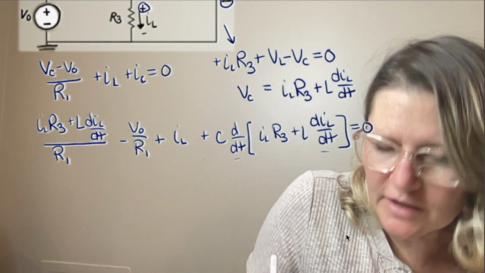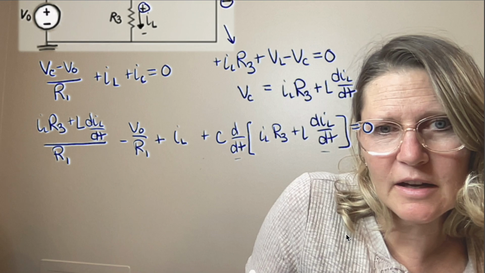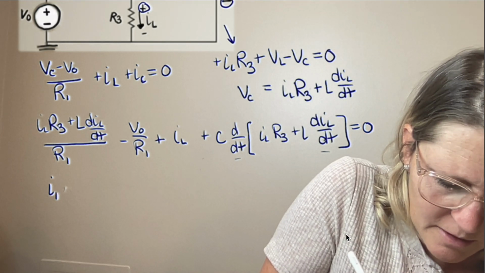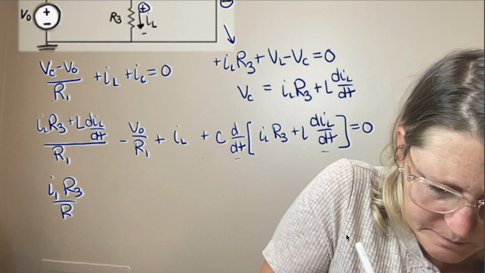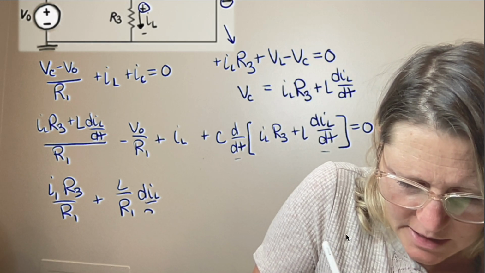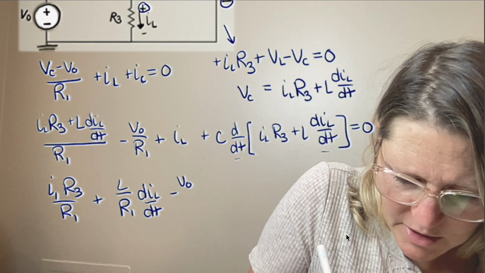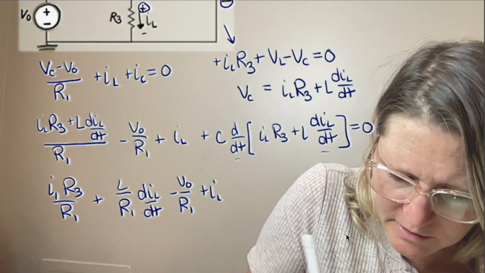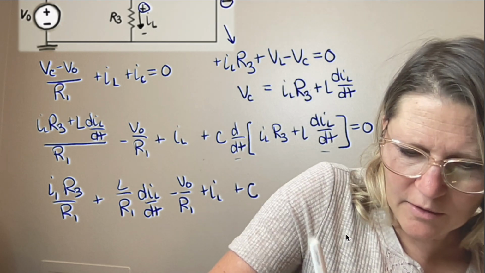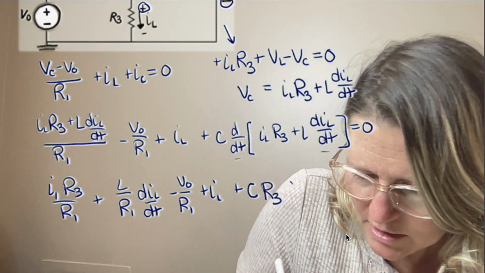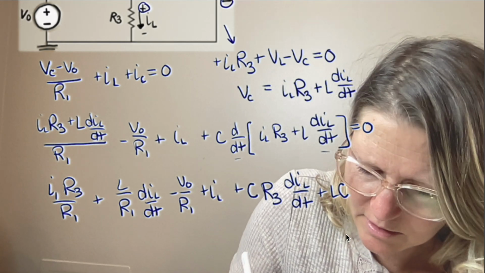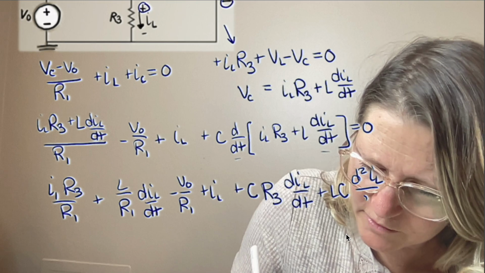I'll just multiply them out first. So IL R3 over R1 plus L over R1 dIL dt minus V naught over R1 plus IL plus C, and then this becomes R3 out in front, dIL dt, and then this is an LC d squared IL over dt squared.